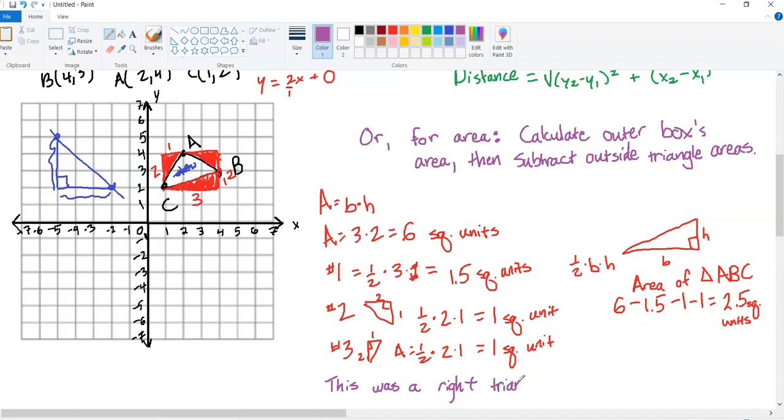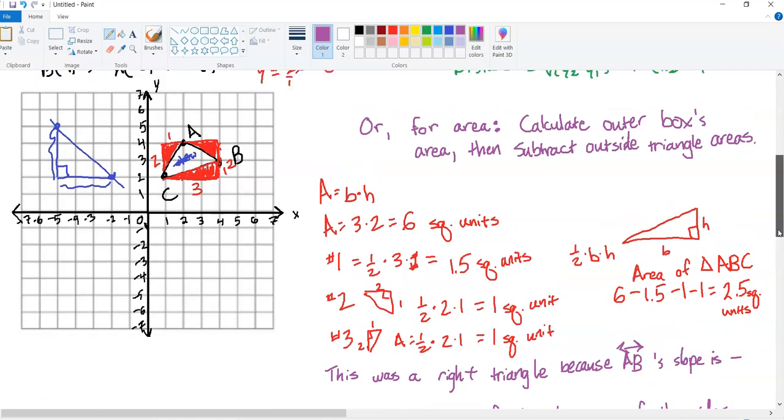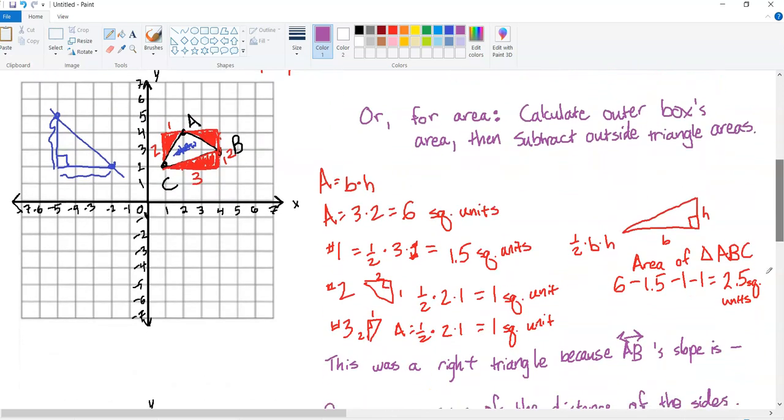And the reason I know that, and I keep my explanation fairly simple, is because the AB line segment, or the line that extends from there, AB's slope is negative 1/2.